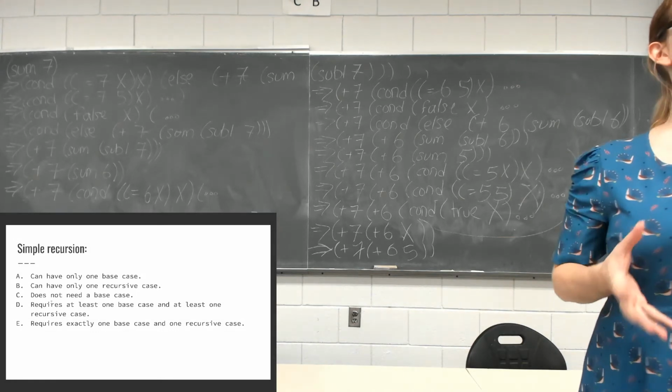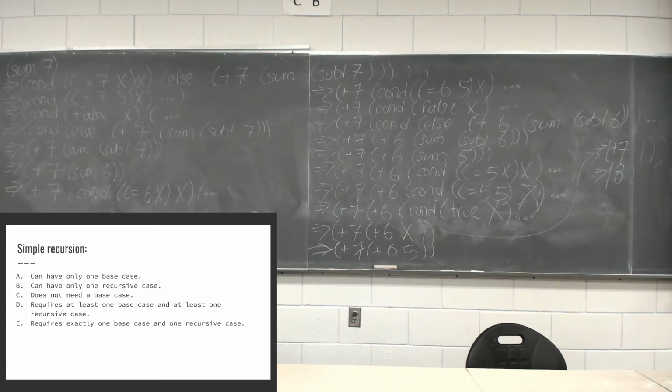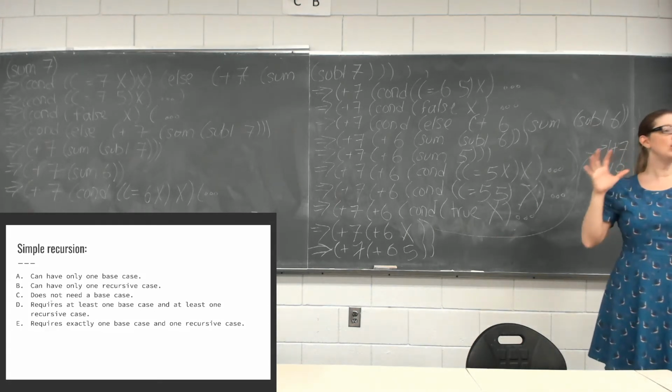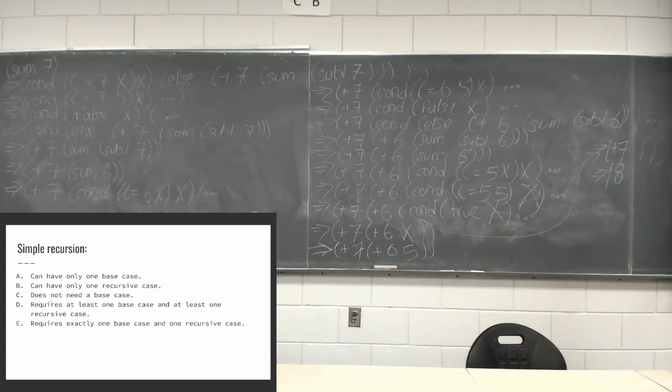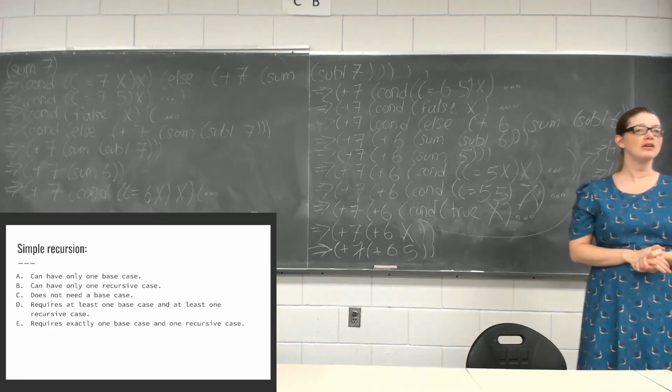So if you wanted to sort things in the order of biggest to smallest, you would change that to greater than or equal to. And maybe you have some other data type, like let's say you wanted to sort strings. There are string comparison operators that you could use. So you can replace the comparison function here with whatever comparison function you want that's appropriate to the order and the type.